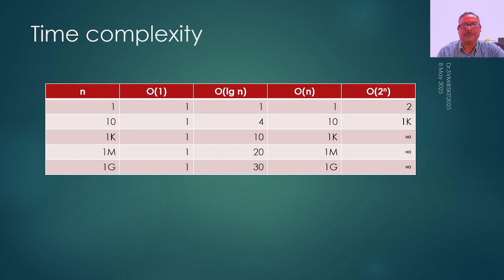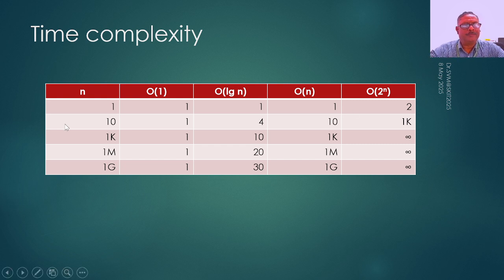Just 10 units of time will increase, even though the size is multiplied by 1,000. The input has grown thousandfold, whereas the requirement is changing just by an addition of 10. So that's an advantage of working with a logarithmic.